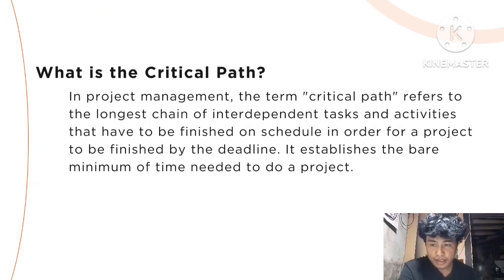What is critical path? In project management, the term critical path refers to the longest chain of interdependent tasks and activities that have to be finished on schedule in order for a project to be finished by the deadline. It establishes the bare minimum of time needed to do a project.